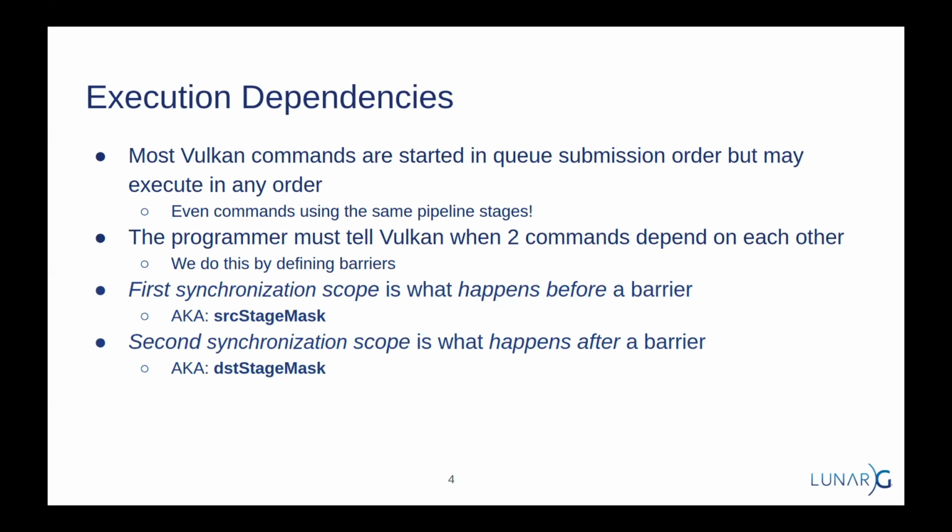The programmer is responsible for telling Vulkan when two commands have a dependency, and we do this by defining barriers. Now, the spec terminology for a barrier is the synchronization scopes. The first synchronization scope is what happens before a barrier. It's also the source stage mask that specifies that in API data structures. And the second synchronization scope is what happens afterwards.